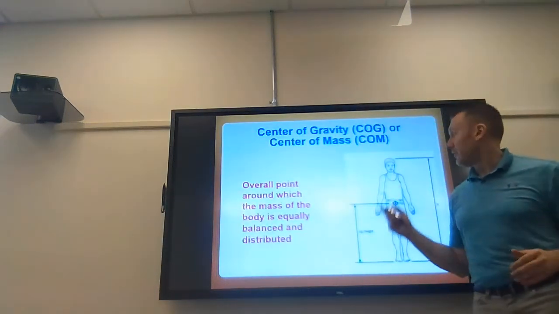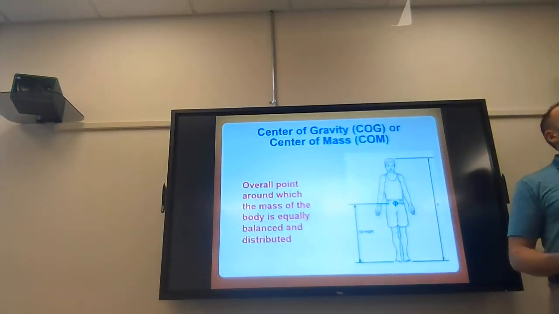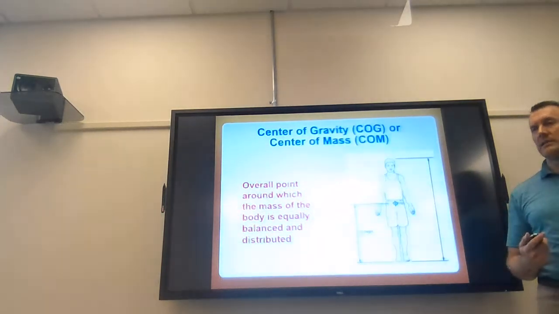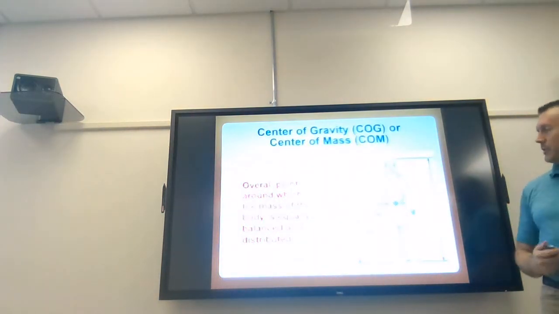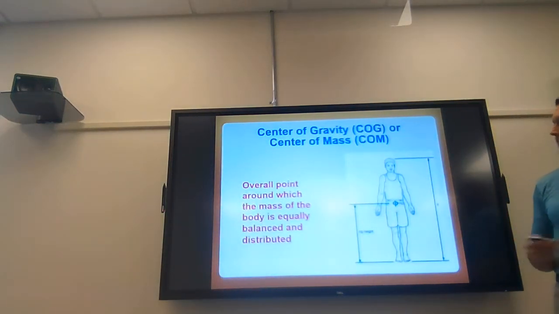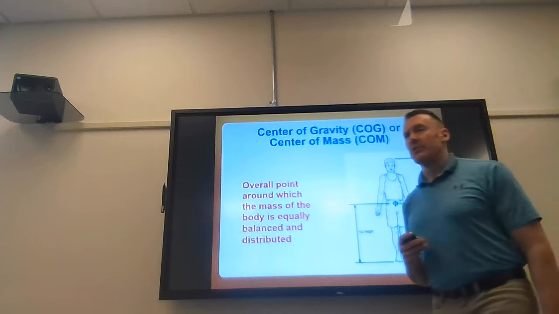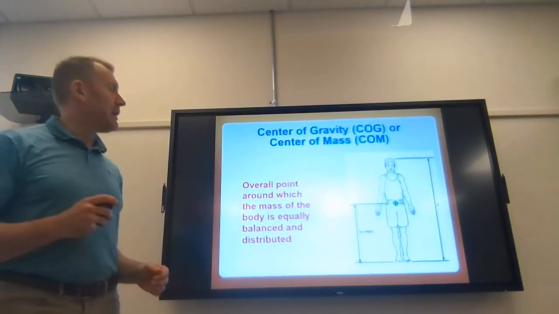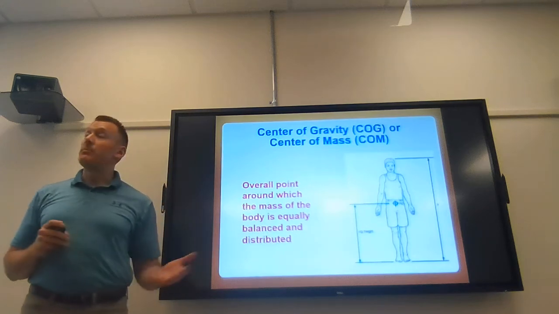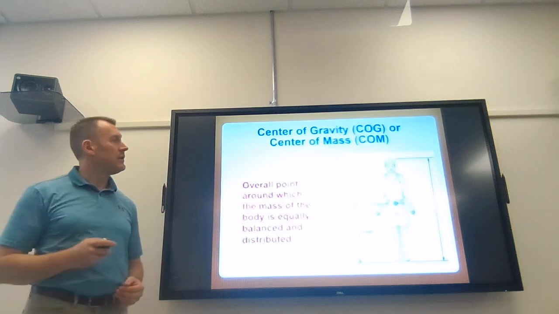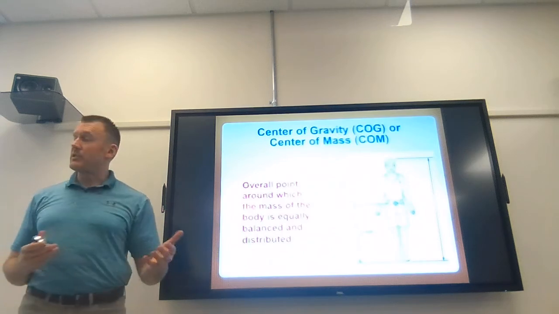For a person with average proportions, it's going to be about 57% of standing height in the anatomical position. So the center of mass or center of gravity can change positions as we go from the anatomical position to different body positions for movement.